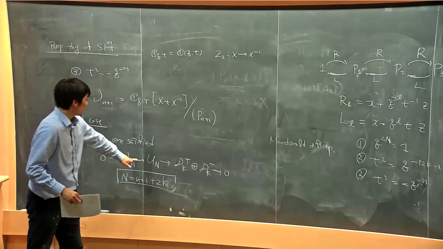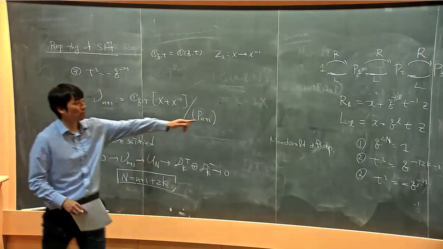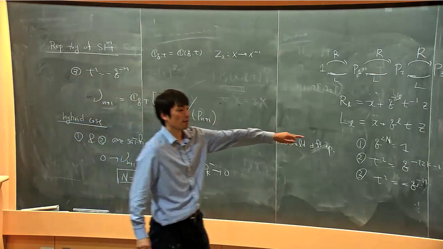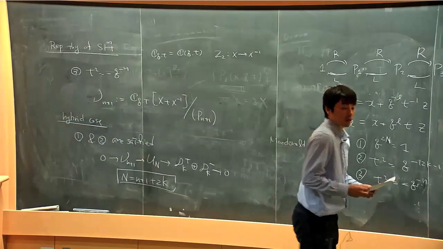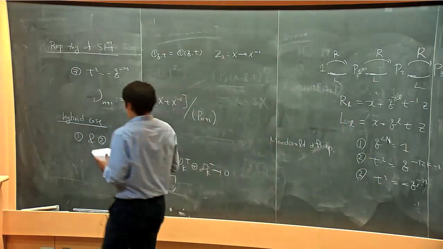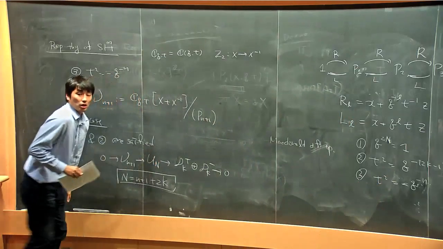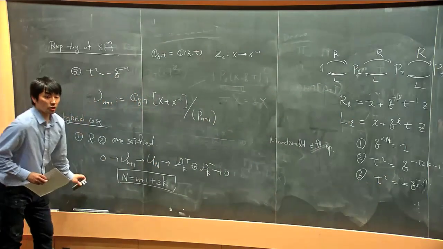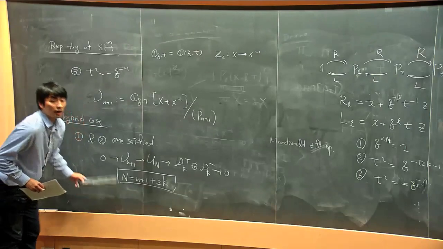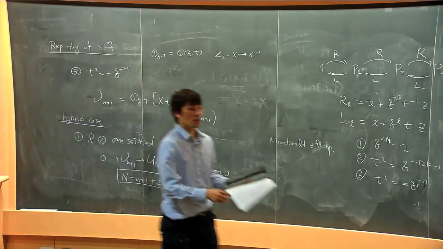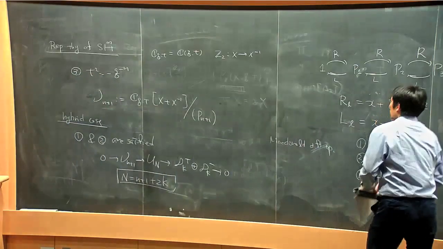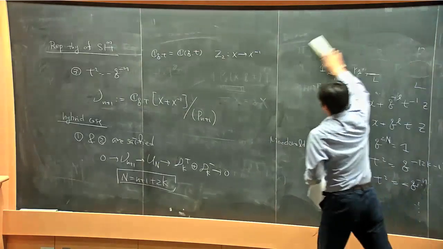This exact sequence does not involve this F. Only F involves delta. Okay. So these are finite dimensional representations coming from both polynomial representations.